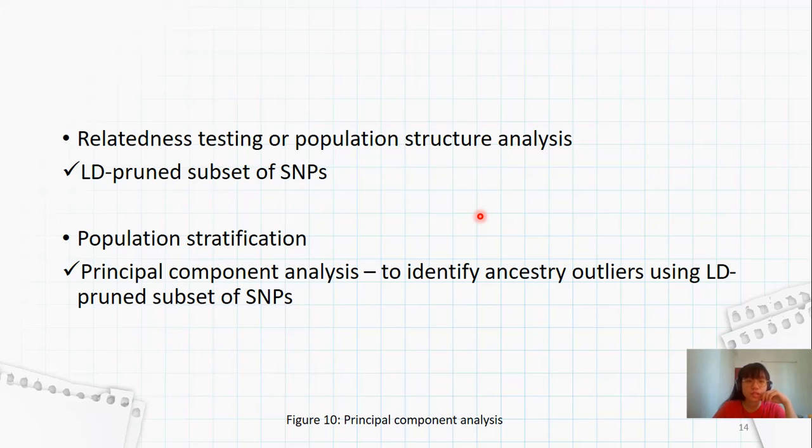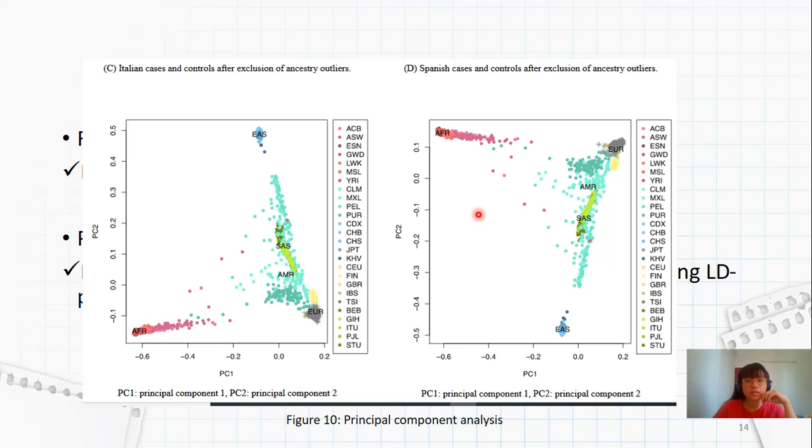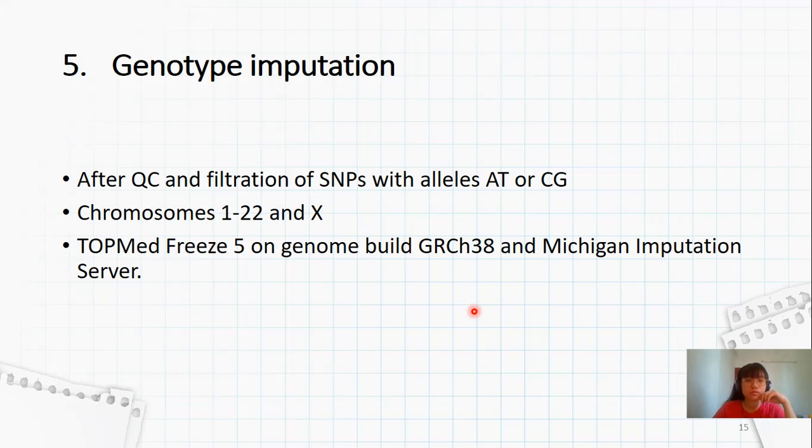For relatedness testing, LD-pruned SNPs will be used, and principal component analysis, which is used to identify ancestry outliers using LD-pruned SNPs, will also be conducted. Population stratification needs to be removed to prevent inflation of the type 1 error from remaining spurious population structures. And these tools are examples of the principal component analysis.